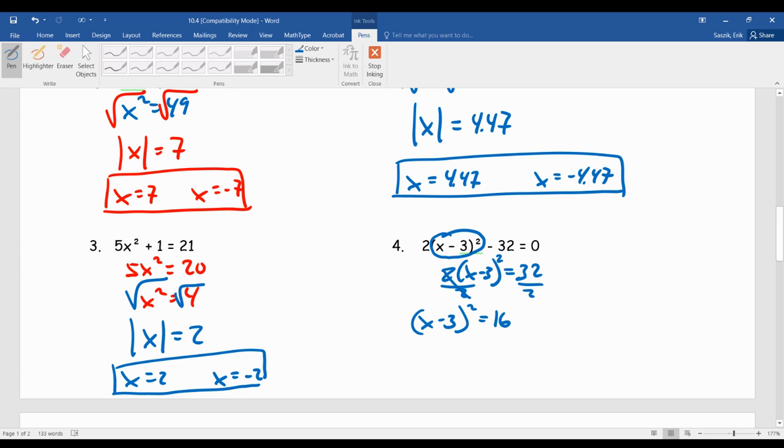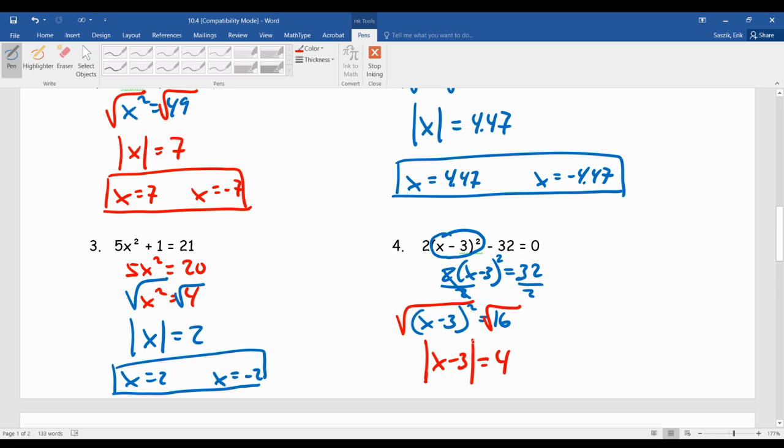Now we want to undo this square, so we take the square root of both sides. Remember, the square root cancels the square. Now we have absolute value of x minus 3 equals 4.